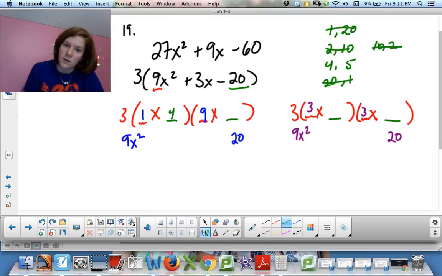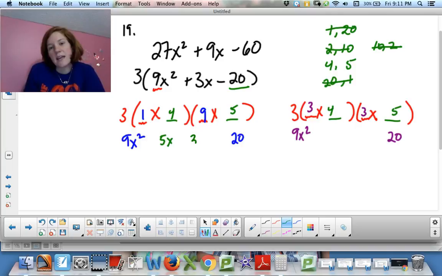So let's plug in a 4 and a 5, and a 4 and a 5, and try these out. 1x times 5 is 5x. 4 times 9x is 36x. There's no way for those to make a positive 3. Over here, 3x times 5 is 15x. 4 times 3x is 12x.